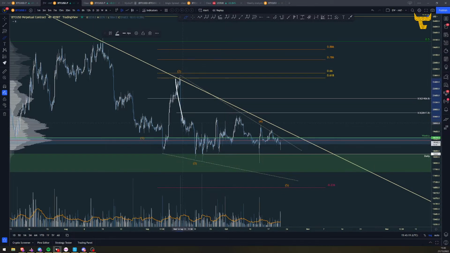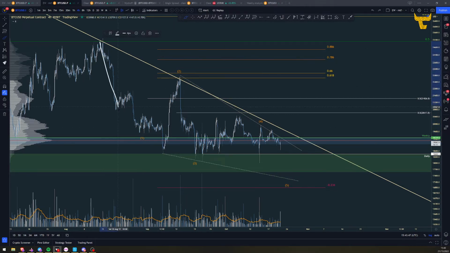It could even be an ABC, and we could count, I suppose, an ABC here, or even down here. As it would be a diagonal, it can be both. It seems to be working better as 5, especially because here it works better as 5, and this as a flat.